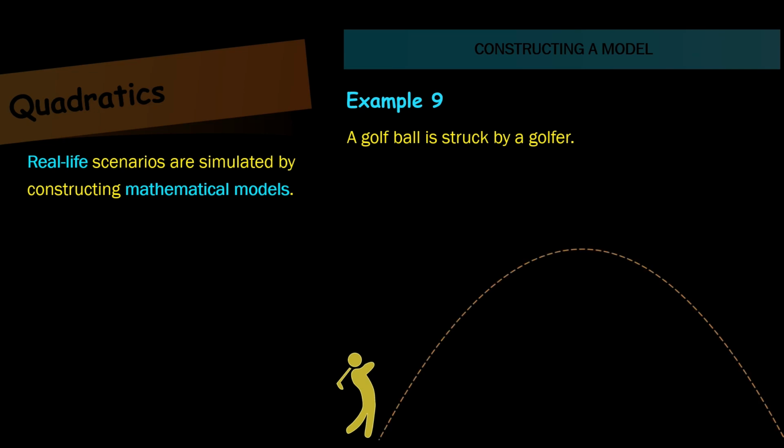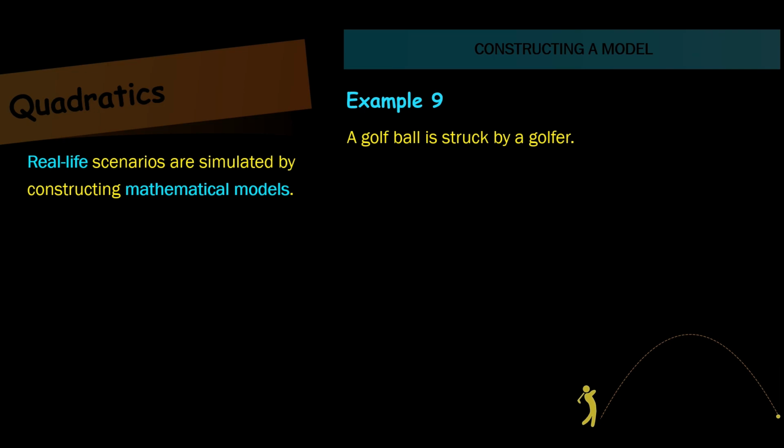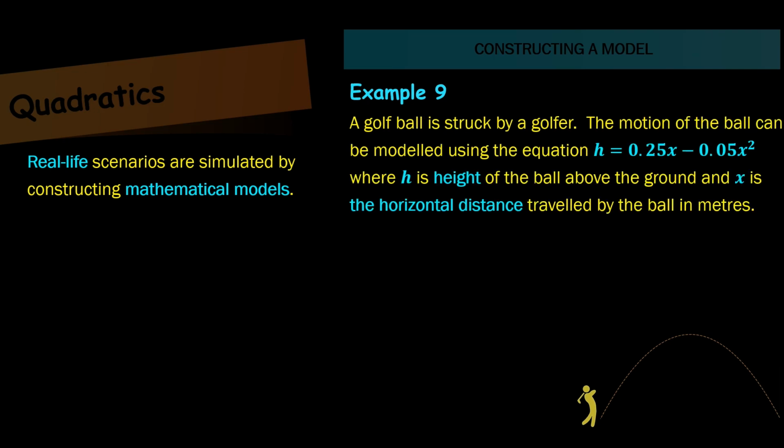Let's extend this example. The motion of the ball can be modelled using the equation h equals 0.25x minus 0.05x squared, where h is the height of the ball above the ground and x is the horizontal distance travelled by the ball in meters.